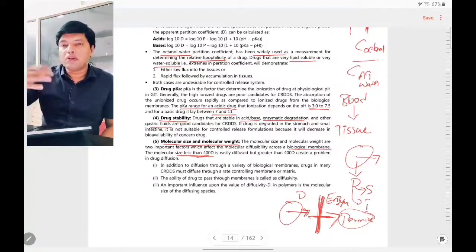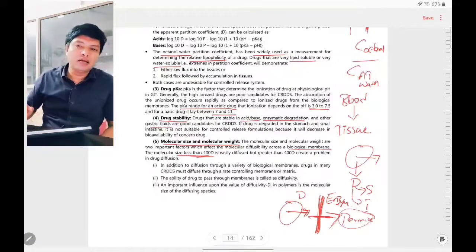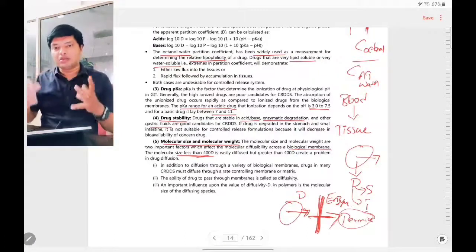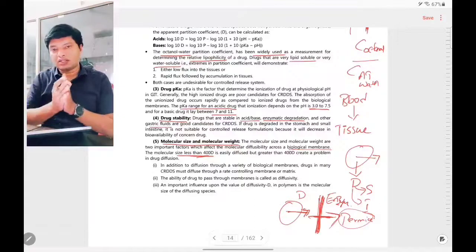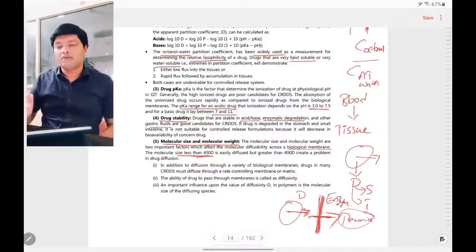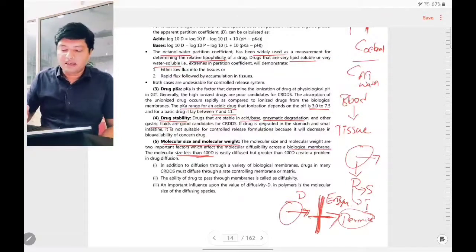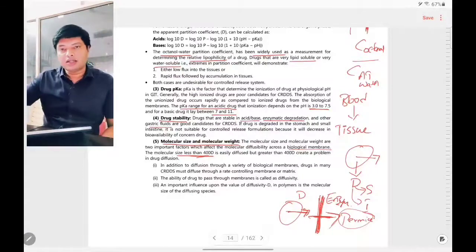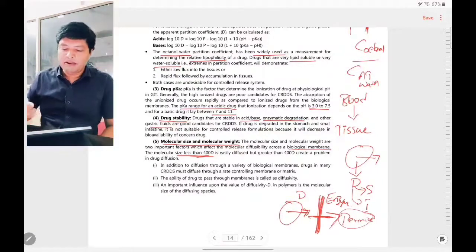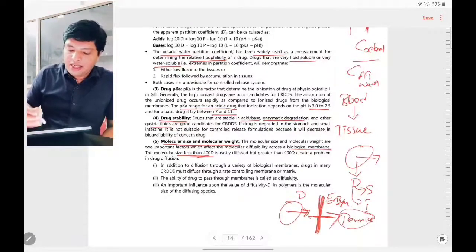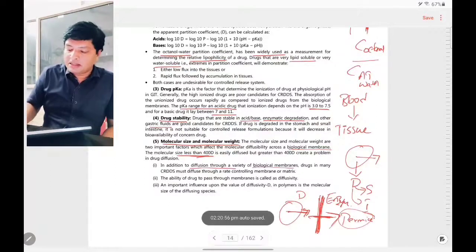If the drug has more than 400 daltons weight, because it is larger in size, it will cause problems in permeation, whether in the dosage form or in the biological membrane.